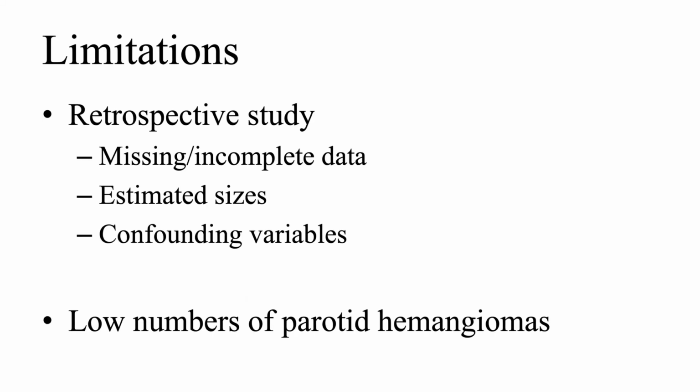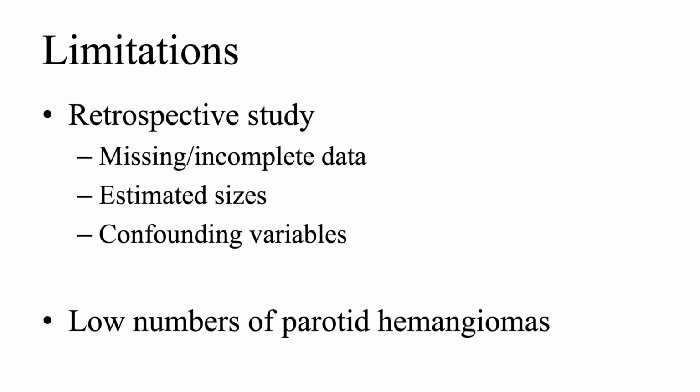It was retrospective, meaning we looked back on patients who had already been seen and collected the data from their medical record. Like I said, we were missing or had incomplete data regarding gestational age, birth weight, ethnicity, race. All of those are things that were potentially affecting our results. We had to estimate the sizes of some of these hemangiomas.